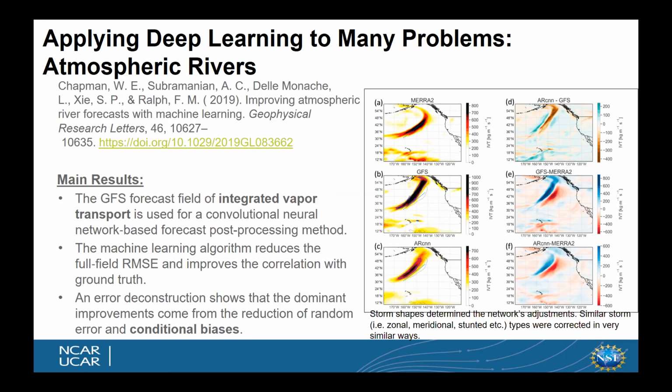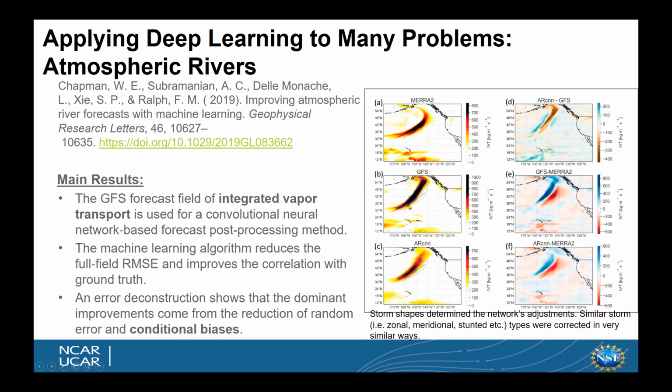As an example, I'm going to use this work by Will Chapman, a PhD student at Scripps, and his advisors, where they were trying to come up with better prediction methods for atmospheric rivers. The proxy variable is integrated water vapor transport, IVT. The baseline is a MERRA reanalysis that they're using for training.